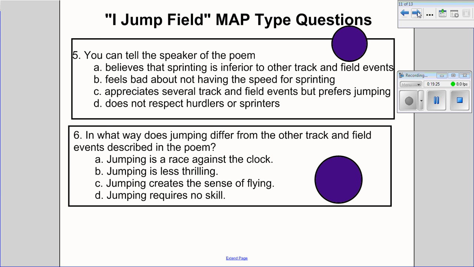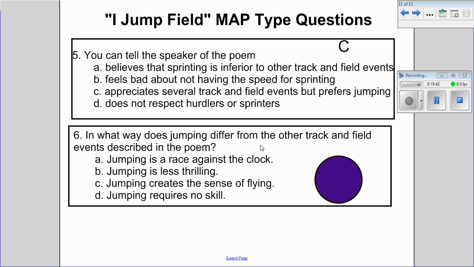I definitely think throughout this poem we see the appreciation, we see where the author values the person that does discus or the person that sprints, but they time and time again say that they love to jump. So C is going to be our best answer.